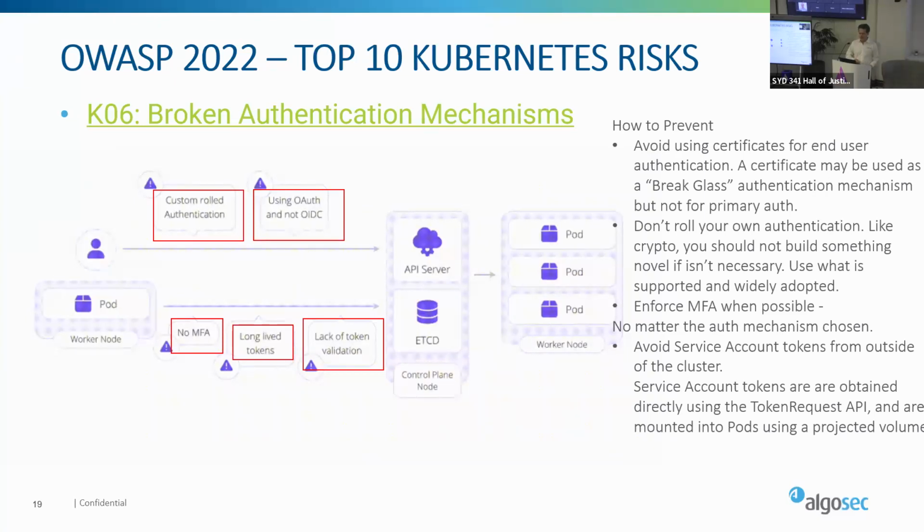Always use the tokens from inside the cluster. Kubernetes service account tokens are obtained directly using the token request API, and they are also mounted into pods using a projected volume.